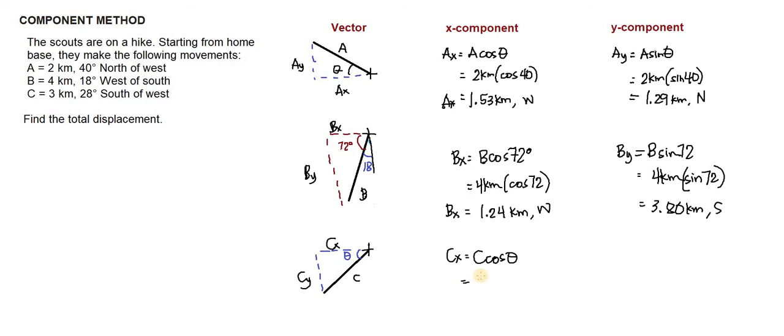So that will be 3 kilometer multiplied by cosine of 28 degrees. And then that will be equal to 2.65.